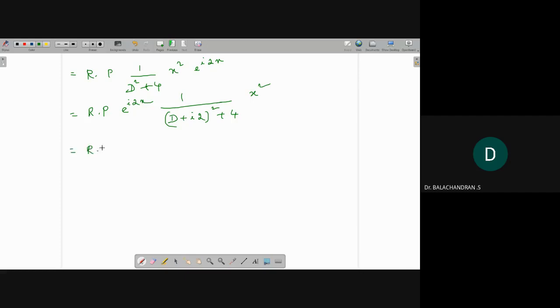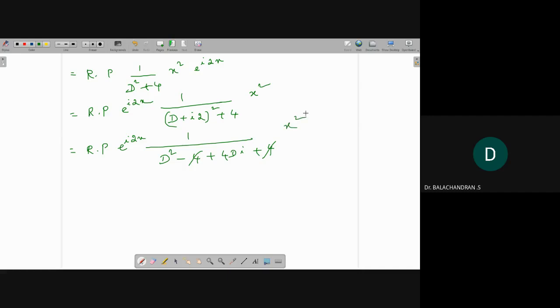This is the real part of e power i2x into 1 by D square plus 4Di plus (i2) square. What is i square? I square is minus 1. So minus 4, minus 4 plus 4Di plus 4; minus 4 plus 4 gets cancelled.